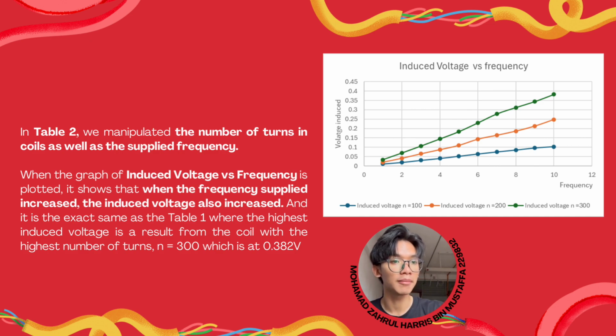And from table 2, the graph that we plotted shows that the number of turns N equals 300 and the highest frequency at 10 kHz produces the maximum value of induced voltage in that specific experiment at 0.382 volts.